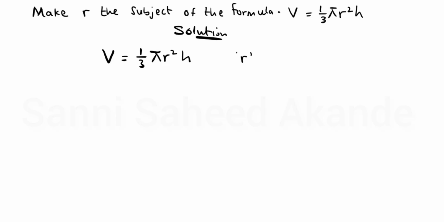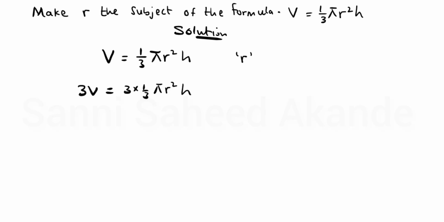Now let's first of all clear the fraction, and we are going to do that by multiplying both sides by the LCM, which is 3 here. Okay, so when we multiply both sides by 3, we have 3V then equal to 3 times 1 over 3 pi R squared h.